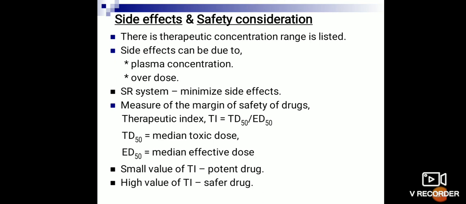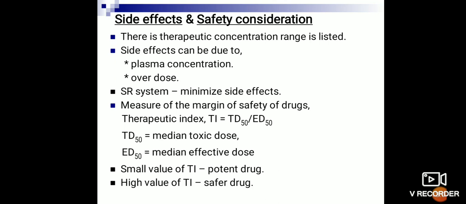It is very important when you consider or manufacture a controlled release drug delivery system or sustained release drug delivery system. A small value of therapeutic index indicates a potent drug, and a high value of therapeutic index indicates a safer drug.